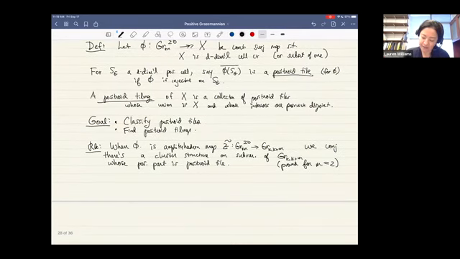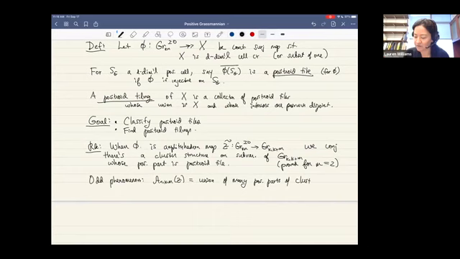And so now you see the amplituhedron gets cut up into many top dimensional pieces. So this leads to this sort of odd phenomenon that the amplituhedron is a union of, in general, many positive parts of cluster varieties.